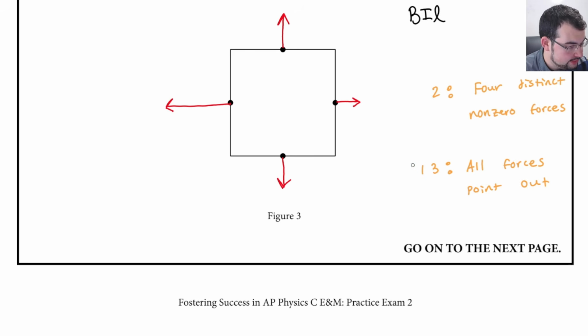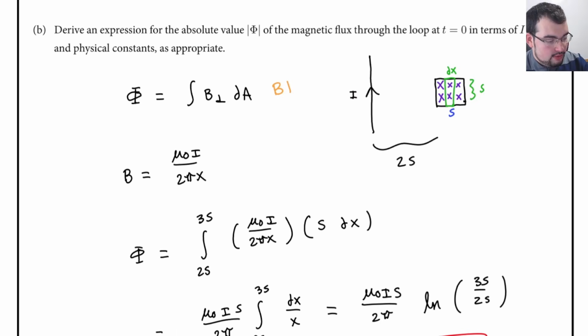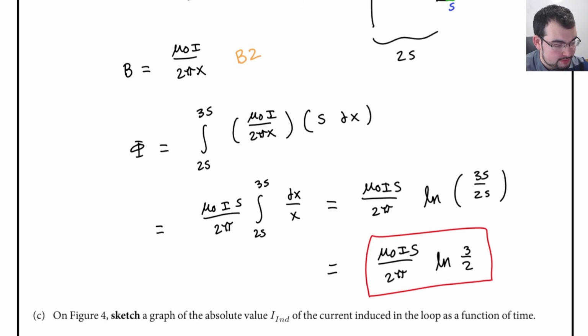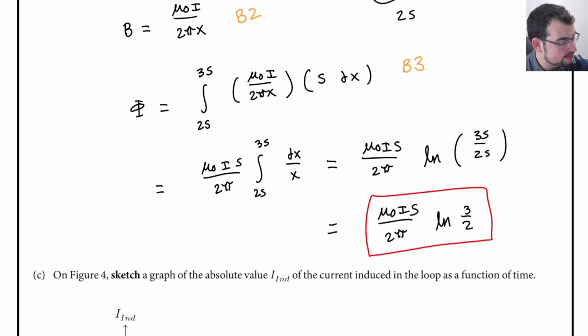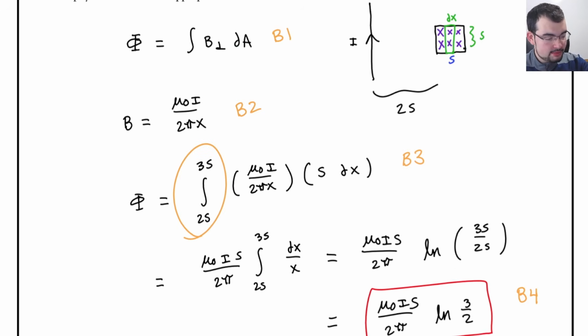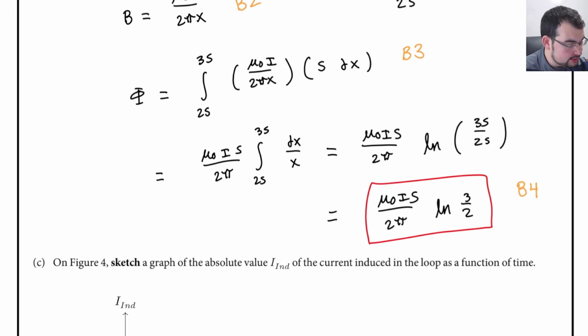Silly, silly. 1 point for B from a wire. 1 point for a successful integral setup. I think you had to get correct limits or the area element, or it might be and, but those things got you B3. I think it was 1. And then B4 is the correct answer. So I think it was limits or area element gets you 1 point, and B4 is just the answer. So it's hard to get B4 because you had to get everything right beforehand.